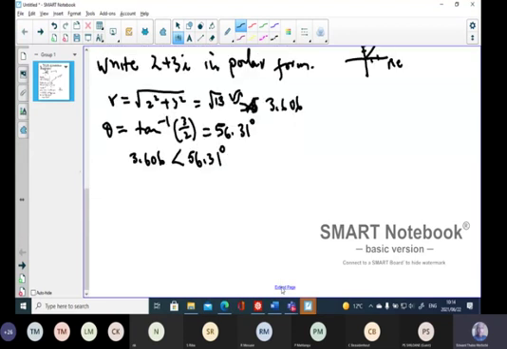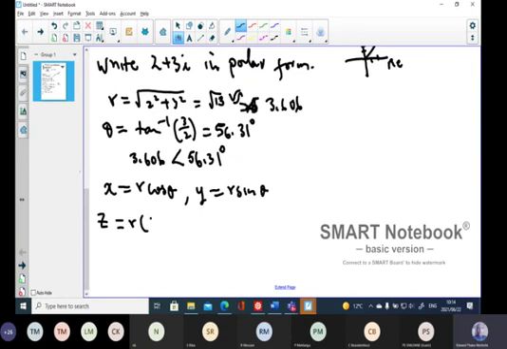Now let's look at it again. Basically, if you look at it, you can see that x is equal to r cos theta, and y is equal to r sin theta. So we can say that z is equal to x plus iy, which is r in bracket cos theta plus i sin theta.